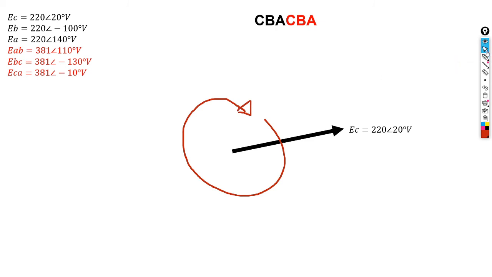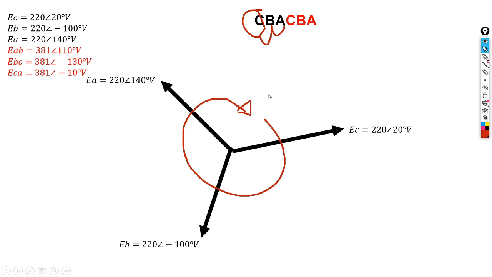Because C is the reference, the next conductor will be B. If B is next, the next one will be A. So don't forget the split between all of them is 120 degrees.